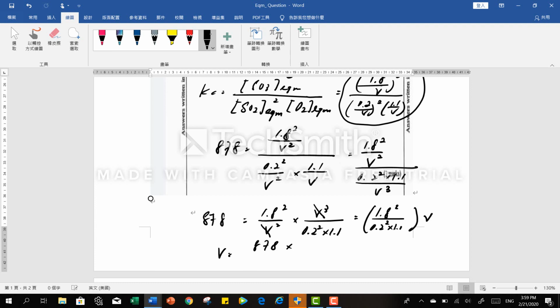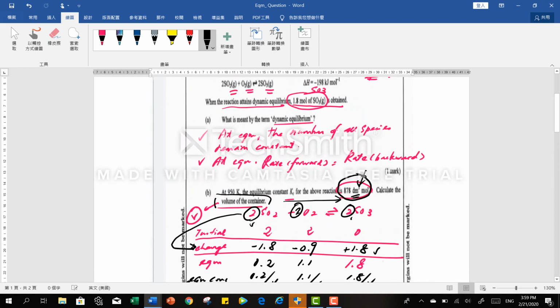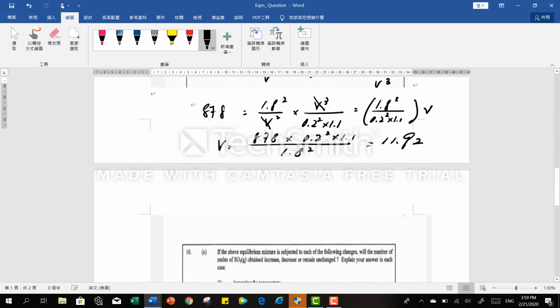You just put everything on the other side. So let me see. Yes, it is 11.92. So it will be in dm cube since it's given in dm cube.